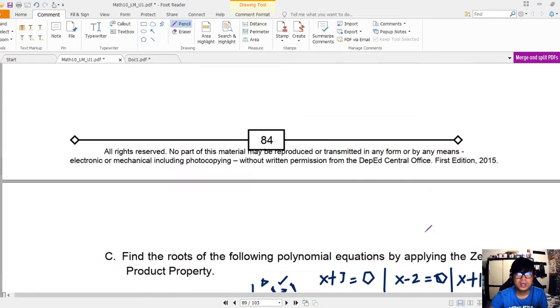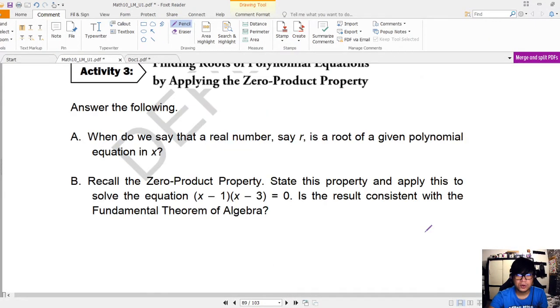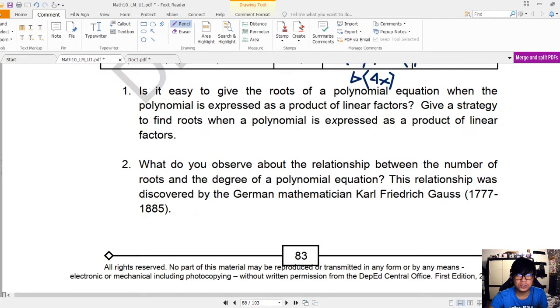Dapat i-refresh, i-review yung 4 ways on how to find roots of a quadratic equation kasi magagamit niyo yun when we go with finding the zeros or real roots of a polynomial pag hindi siya na factored form.